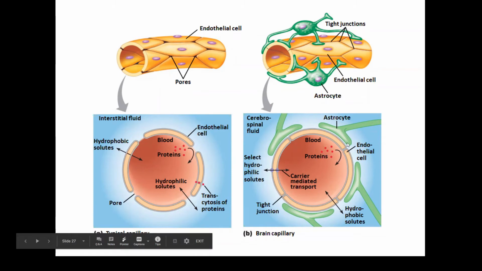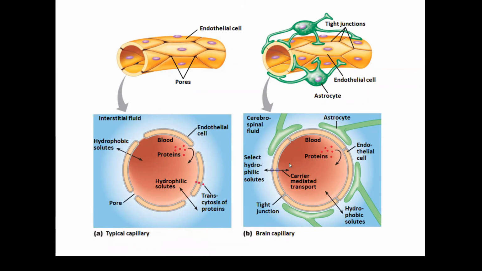So anything getting into the brain is going to have to go through those endothelial cells. So through a membrane on the blood side, then through a membrane here on the cerebrospinal fluid side, which means since it has to get through a membrane, it gives us the chance to control what gets through and what doesn't. So anything that we get into the brain is going to be carrier mediated, which means we're going to have specific proteins that help us get specific things across and only those specific things.